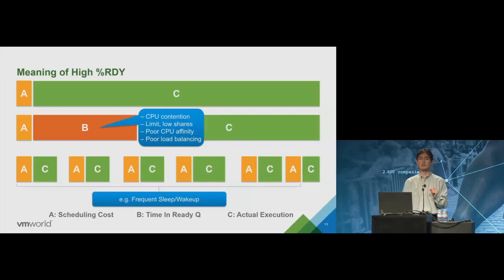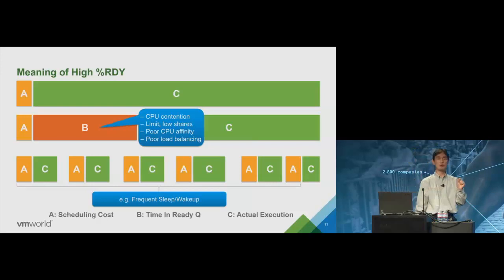The third situation is interesting because, again, back to the example of I'm running just one VM and I see ready time of 10%. What's going on? The VM's runtime can be very short, say sometimes a millisecond or even lower than that, and then the sleep and wake up event happens very, very frequently.